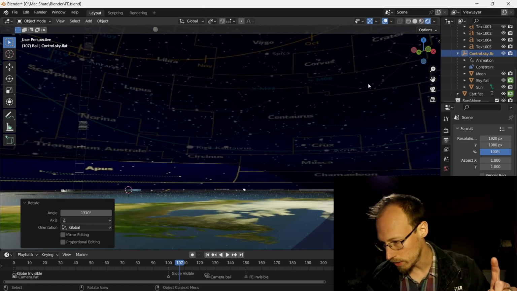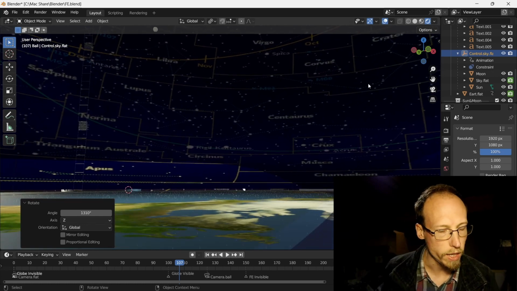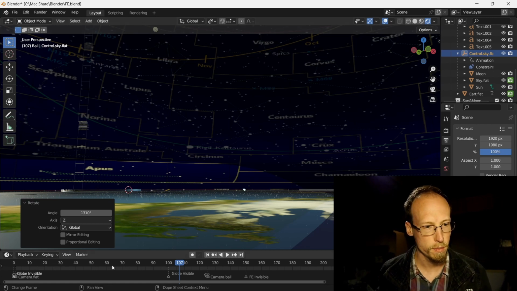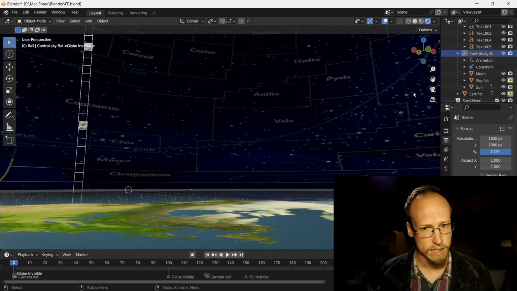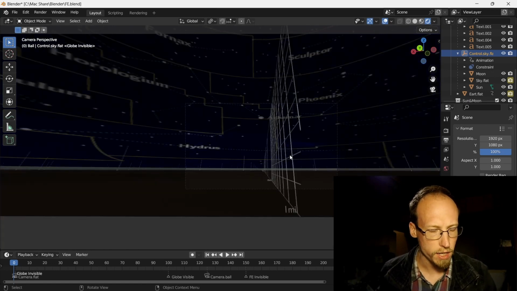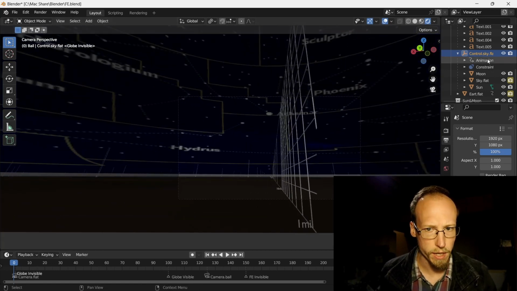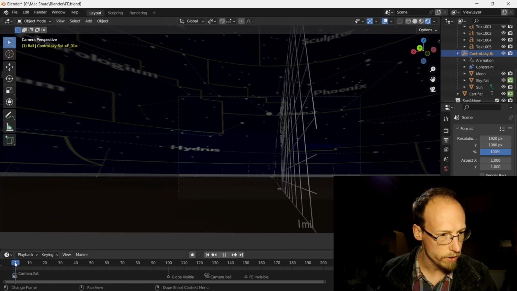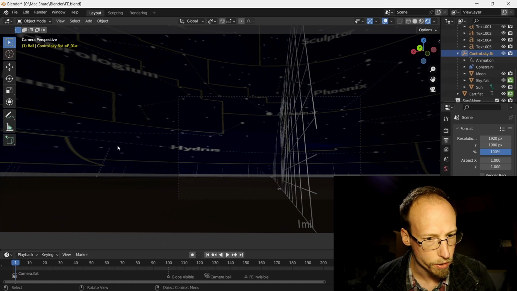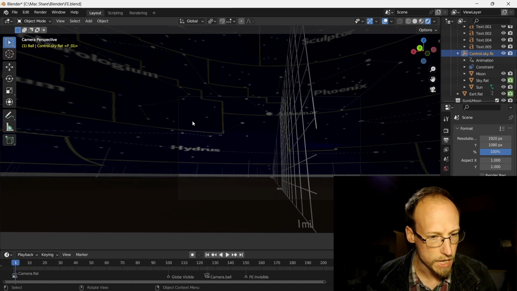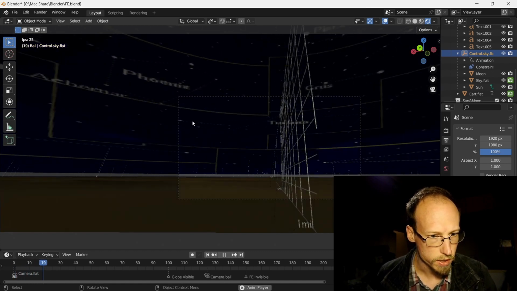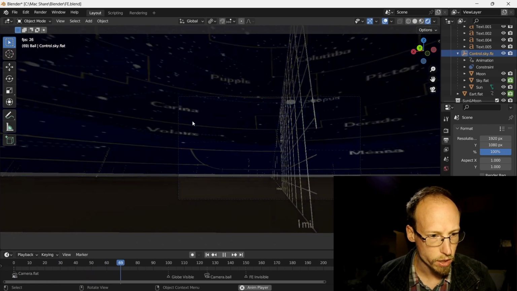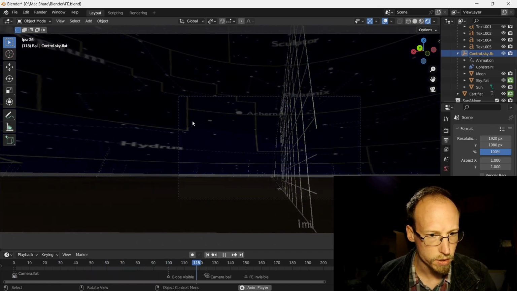Now we can get into what it would look like from each place. If I click this button, I will view that camera. We're starting on the flat Earth side, and if I hit play here, it's going to give me one day of motion of the heavenly bodies.